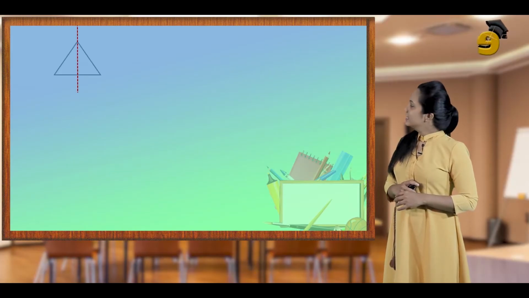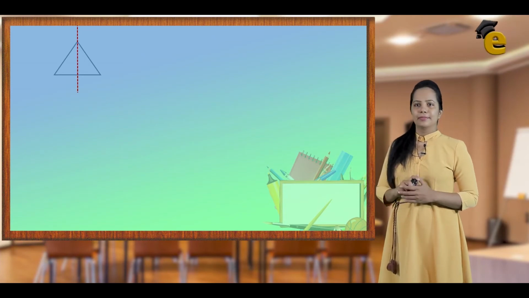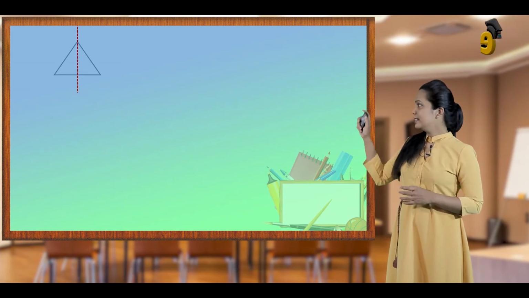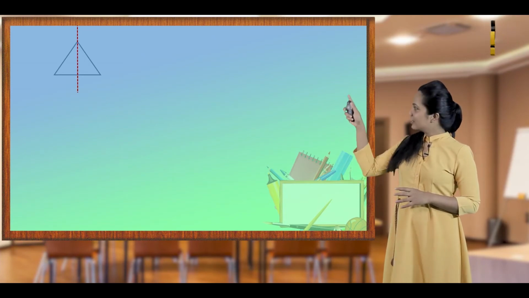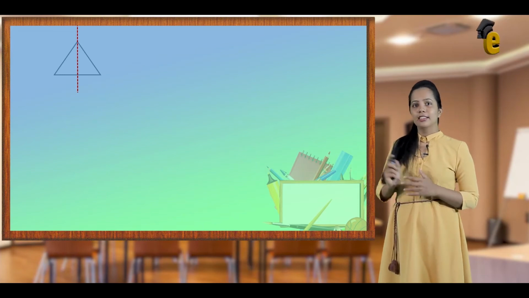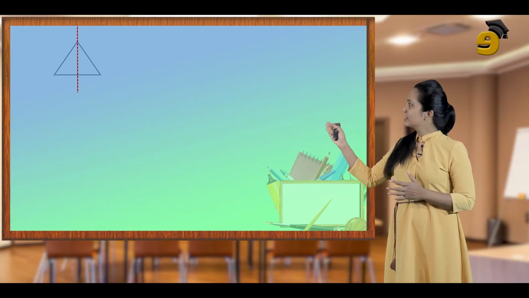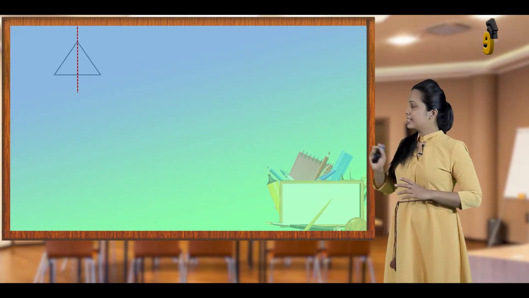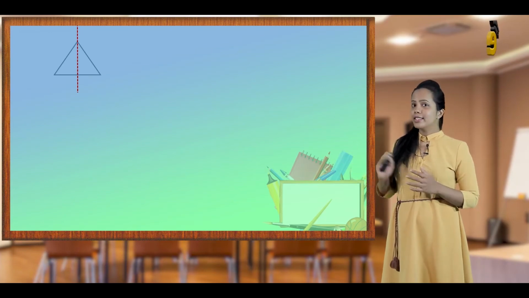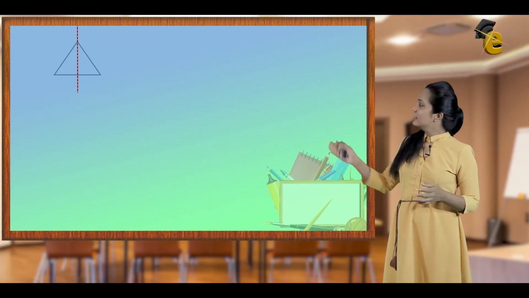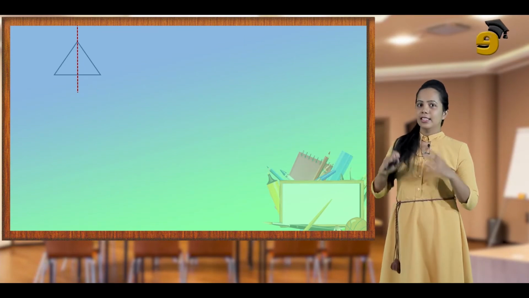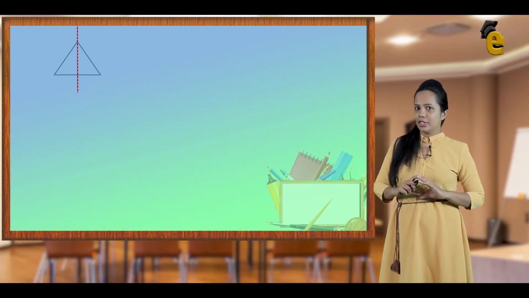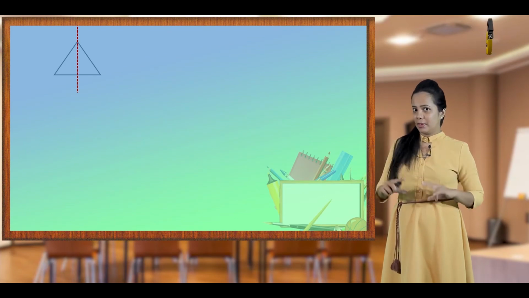The first thing is I consider this triangle. In this triangle I can find a line along which this figure has bilateral symmetry. Why do I say it has bilateral symmetry? Because along this line, this triangle is divided into two identical parts.